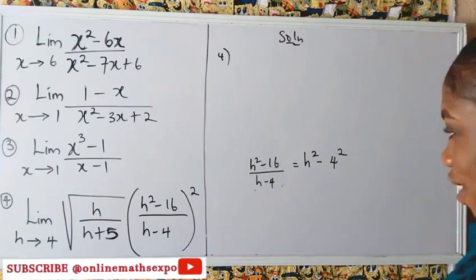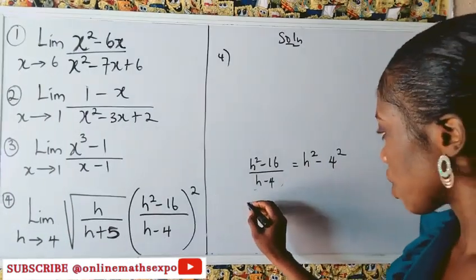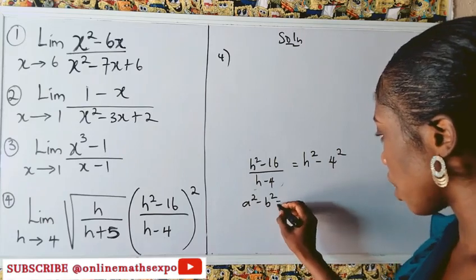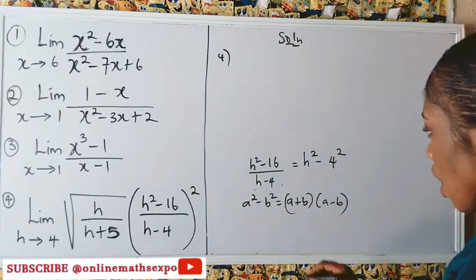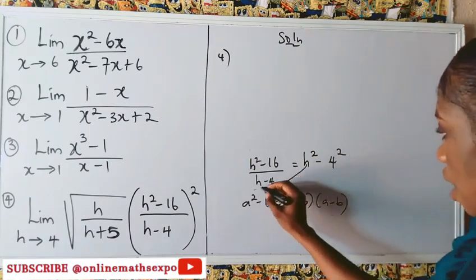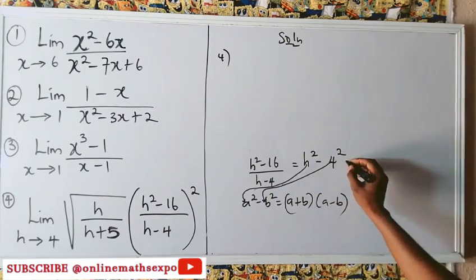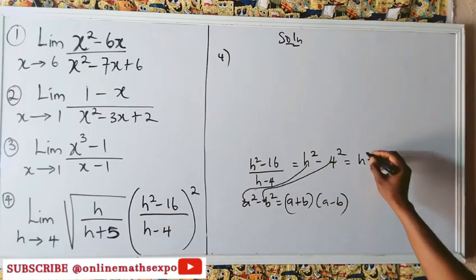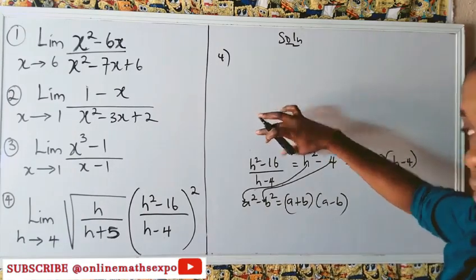Remember, when you have this, it reminds you of the difference of two squares, which says that a squared minus b squared is (a + b)(a - b). So here our a is h and our b is 4. So this is the same as (h + 4)(h - 4). If you multiply these two, it gives you back this.